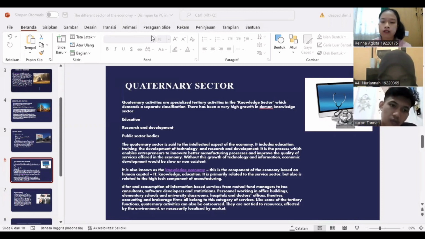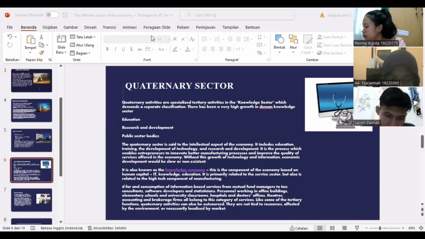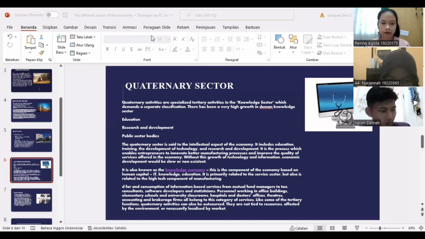It includes education, training, the development of technology, and research and development. It is a process which enables entrepreneurs to innovate better manufacturing processes and improve the quality of services offered in the economy. Without this growth of technology and information, economic development would be slow or non-existent.